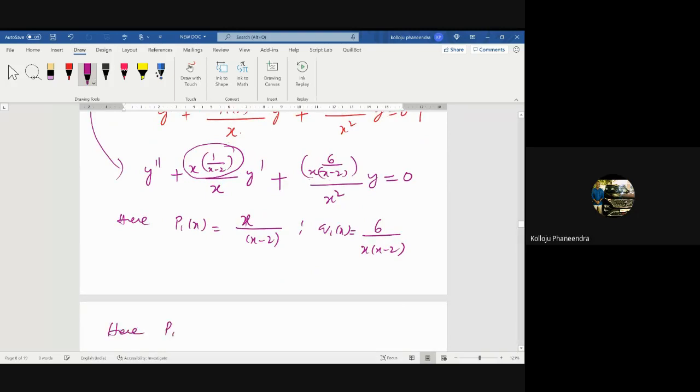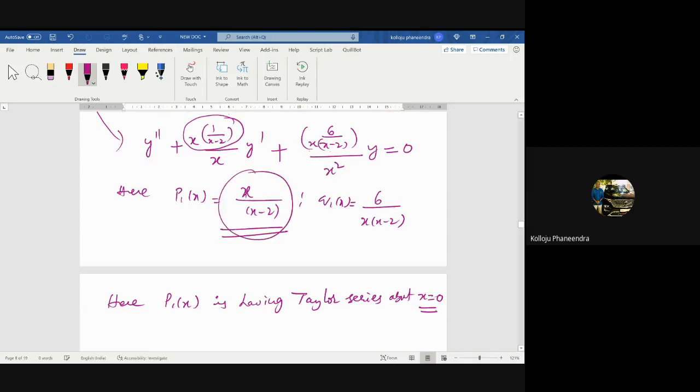Here, p1(x) has a Taylor series expansion. About what point? What is the singularity we are discussing? 0. Yes, this function is defined; x by (x minus 2) is defined at x equal to 0.